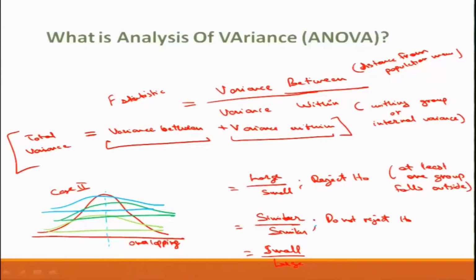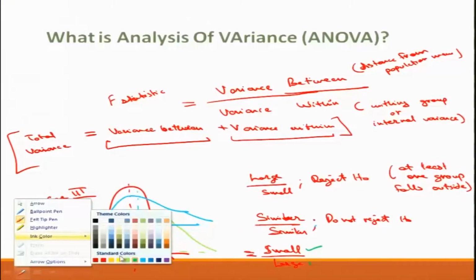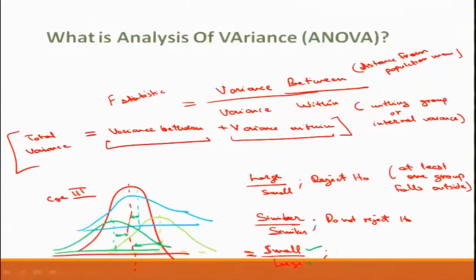This is both similar, the spread for both the population and the distances are all similar. So, in the third case also we do not reject H naught.